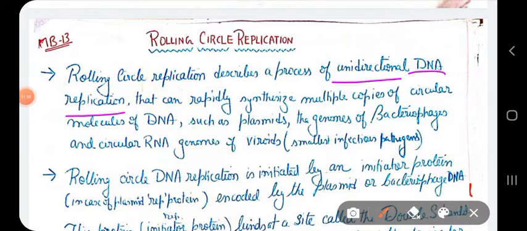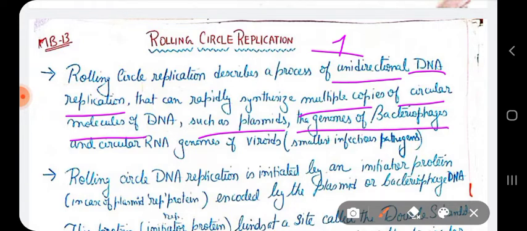The rolling circle model is a little bit different. It also occurs in circular DNA, but here replication occurs unidirectionally, only in one direction, not in both directions. That can rapidly synthesize multiple copies of circular molecules of DNA like plasmids, genomes of bacteriophage and circular RNA genomes of viroids.